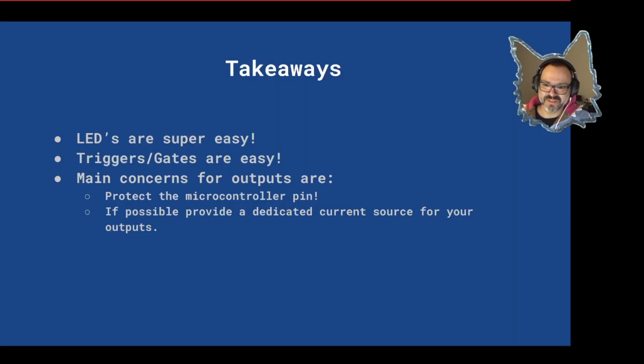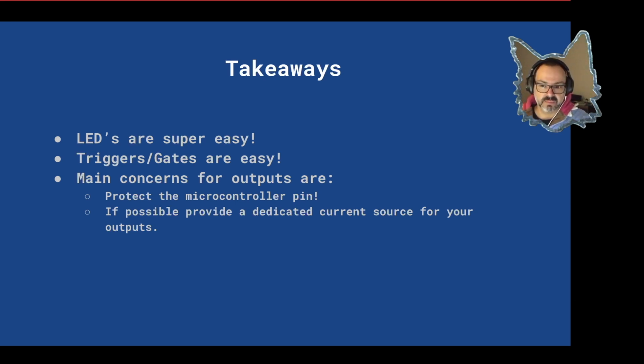So today we learned that driving LEDs out of microcontrollers is super easy. We also learned that gates and triggers are actually also quite easy, right? And we purposely left the other topics of CV and audio because they are not as easy, but we will cover them in a later video, so that's okay.